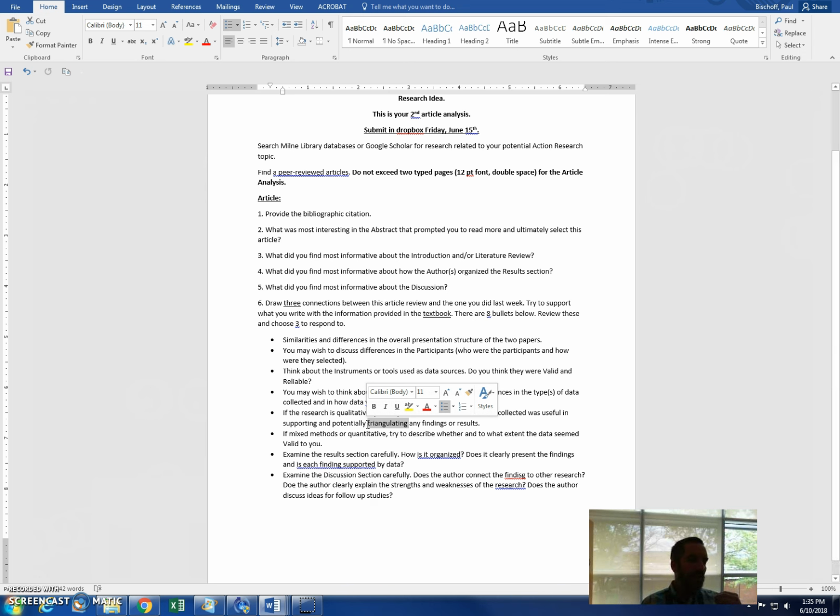So the idea of triangulation is particularly important for qualitative studies, and it's what we do to make sure that we're not just grabbing onto one piece of evidence and making a claim. We want to make sure that we have multiple pieces of evidence to support any finding from a qualitative study.